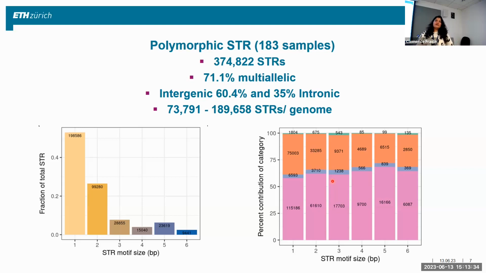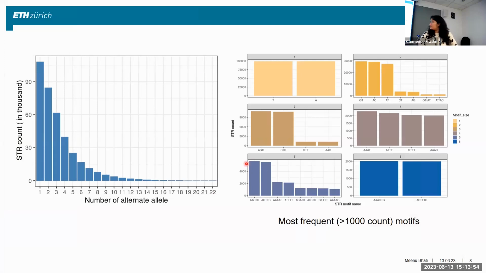And when we count the number of STRs along the animals, they vary from 73,000 to 189,000 per genome. So the least was observed with the least coverage, and the highest was observed with the highest coverage and the higher insert size. And here you could see in these polymorphic sites, as I said, they are multi-allelic. So you could see that here 90K sites have only one alternative allele, and the rest have a very high number.